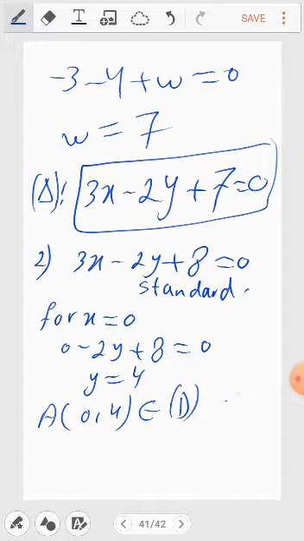And the directing vector S of this straight line is (minus v, u). So S: minus v is minus minus 2, so 2. u is 3.